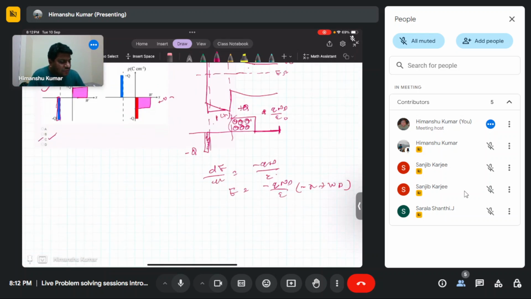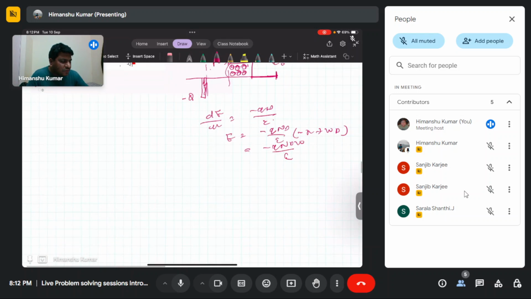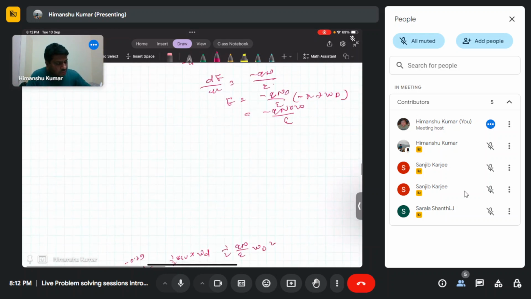At x equals 0, the field is minus q N_D W_D by epsilon, and at x equals W, the field will be 0. So this is a linearly increasing field, and this is E_Si at the interface.